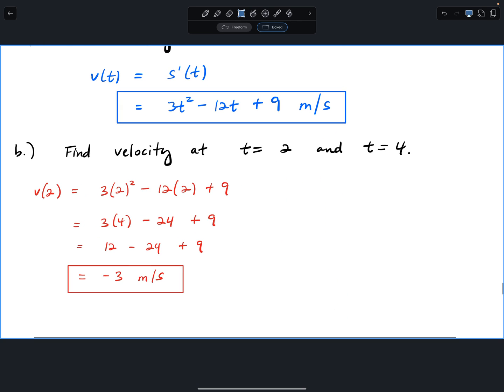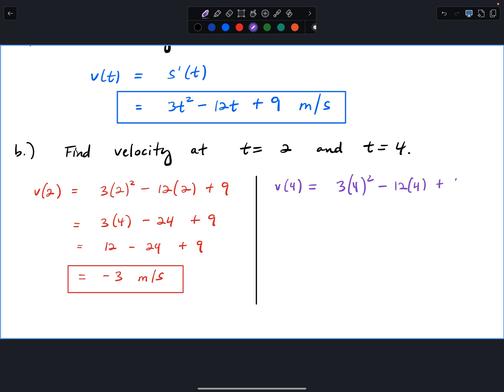Okay. Plug in 4. Three times 4 squared minus 12 times 4 plus 9. What's 4 squared? 16. 12 times 4? 48.